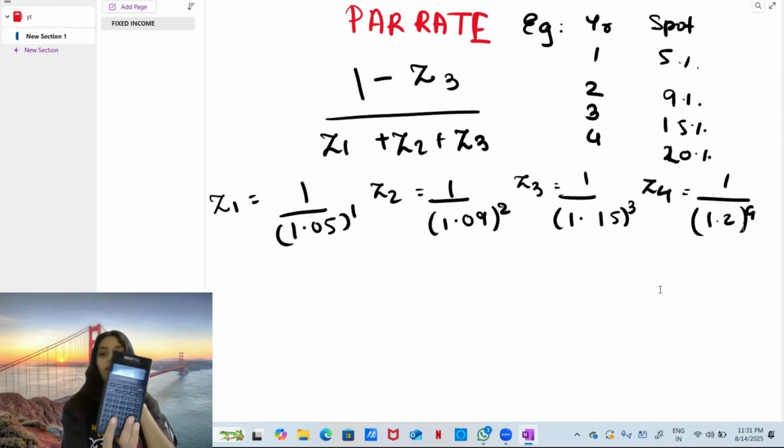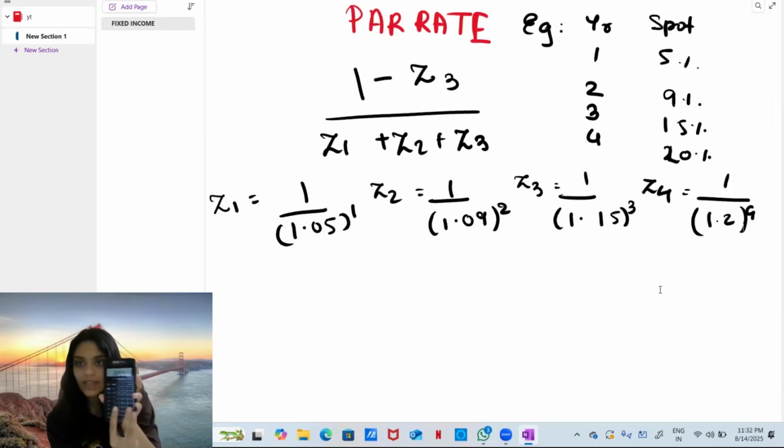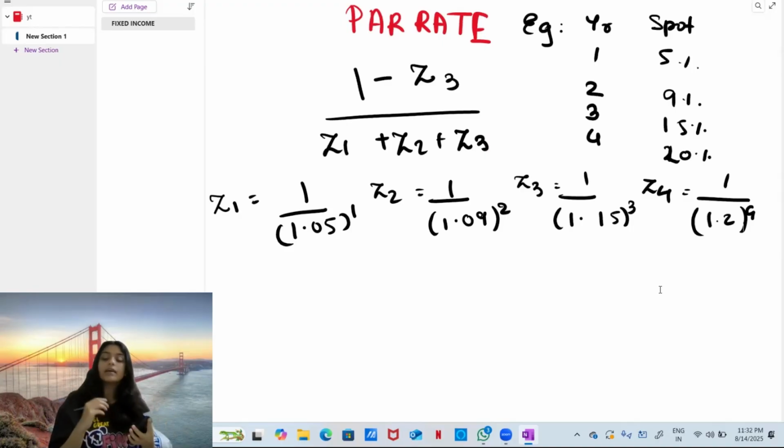You should get an answer like this. Can you see it? It is 0.08824 something. In percent, that is 8.8%. That is your par rate for year two.